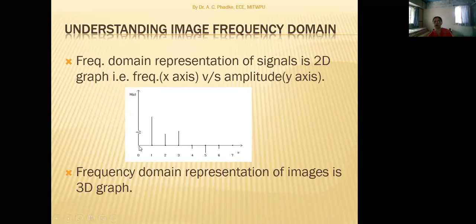So like this representation of electrical signals in frequency domain, we can have similar representation of frequency domain for images. And as this is a 2D graph, for images we will get a 3D graph.